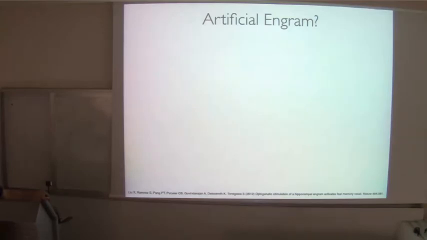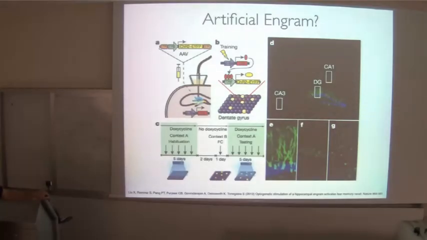It's a paper from last year, and this is very sophisticated in terms of molecular biology. But this is what they do here. There are these things called immediate early genes. Everybody heard of them? c-Fos. You heard of it? No?